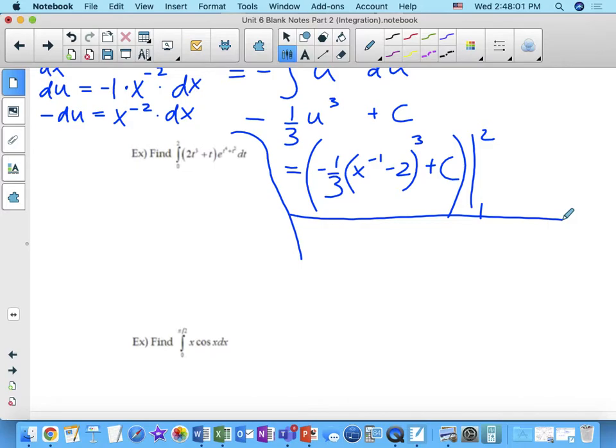Yeah, substitution again. How did you know? That's a good guess, right? The exponents here are 4 and 2, and here they're 3 and 1.